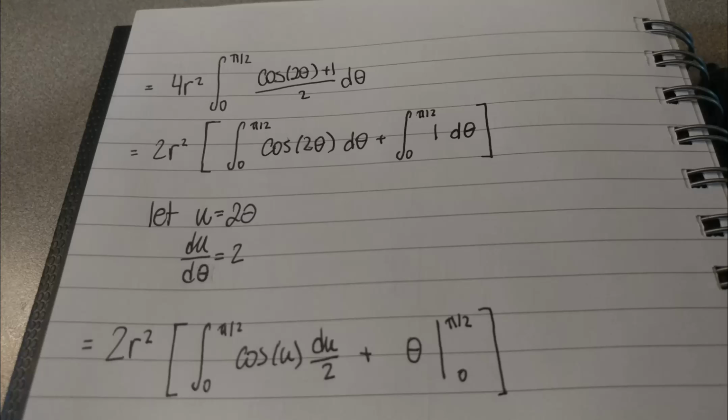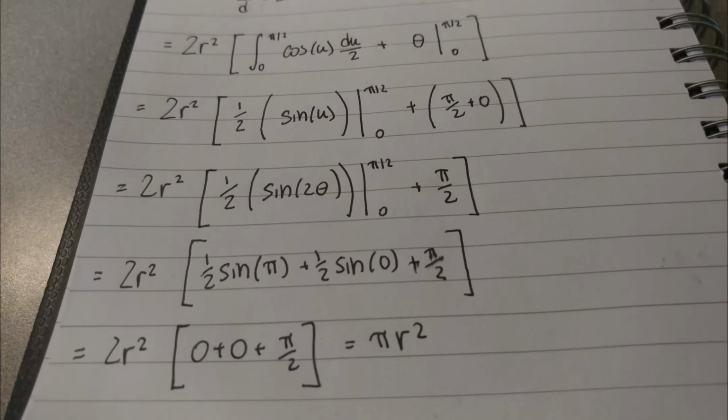For the integral on the right, it will just be theta, as 1 is just a number. Next, we solve the integral on the left, which will just be sine of u, and the integral on the right will just turn to pi over 2 plus 0. And replacing u with 2 theta, in the next equation, we can finally fully integrate our equation.